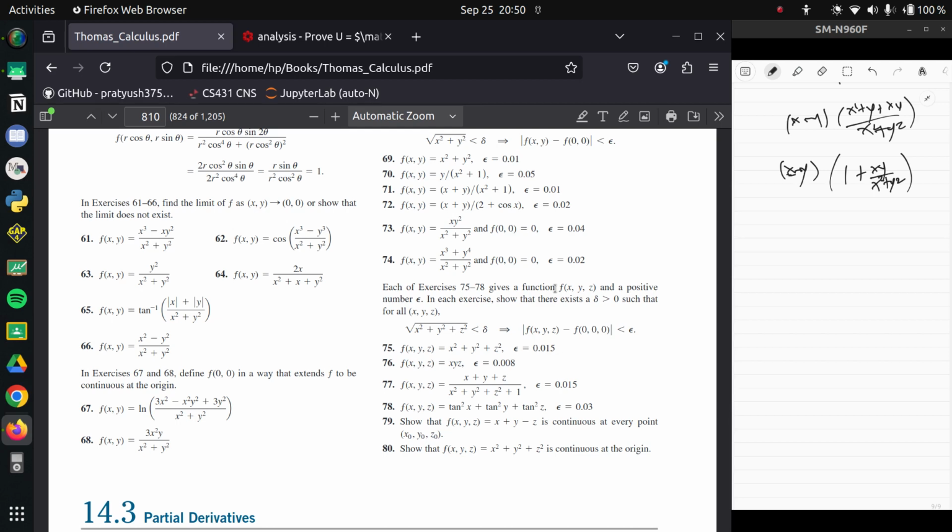So okay, that's not so easy to show. I see. It's positive, negative or whatever.